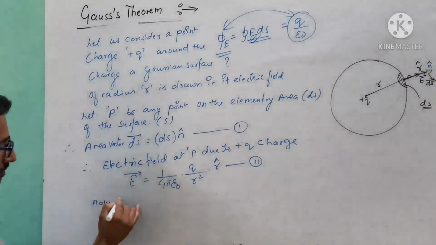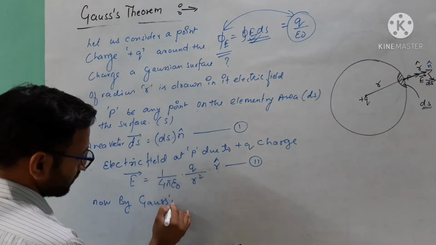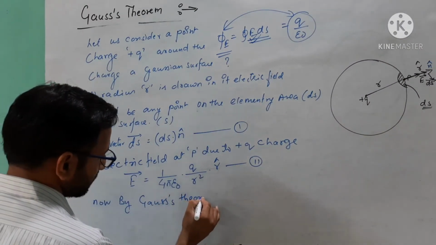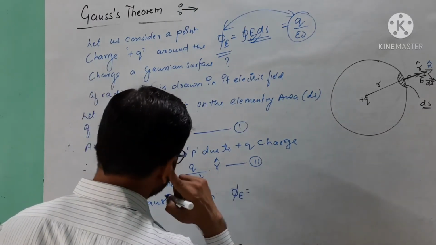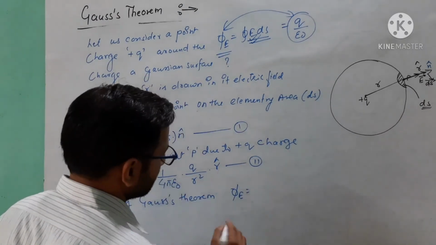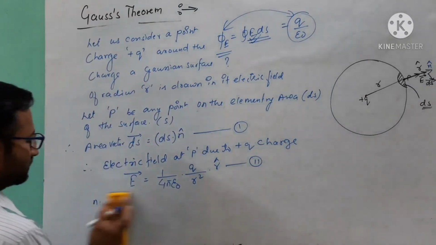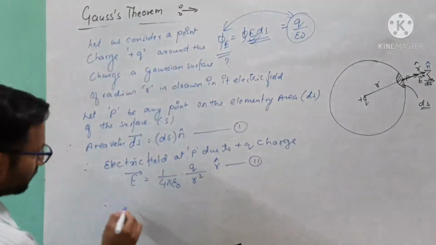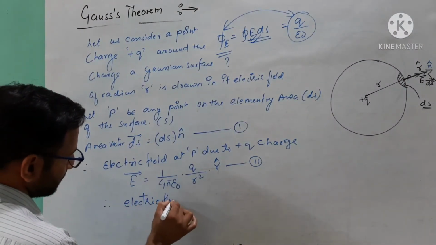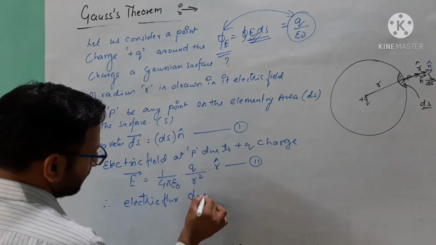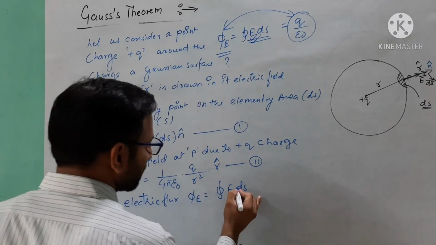Now by Gauss theorem we know that phi E, the electric flux, is equal to the surface integral of E dot dS. Got it, student?